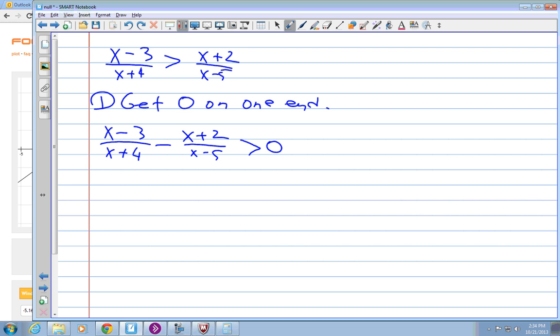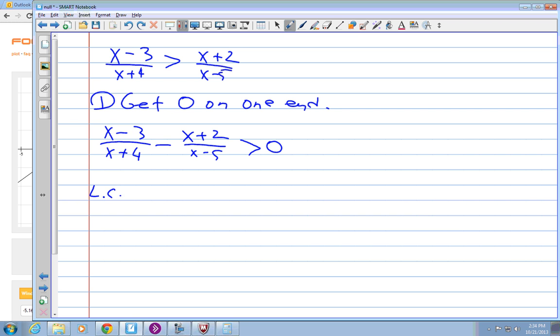If this was an equation, you would just multiply both sides by the least common denominator and cancel all the denominators, because you only care about the x-intercepts. You don't care about the asymptotes when it's an equation. But when it's an inequality, you care about asymptotes, because the sign changes at asymptotes, right? So you've got to do the painful thing and actually combine them.